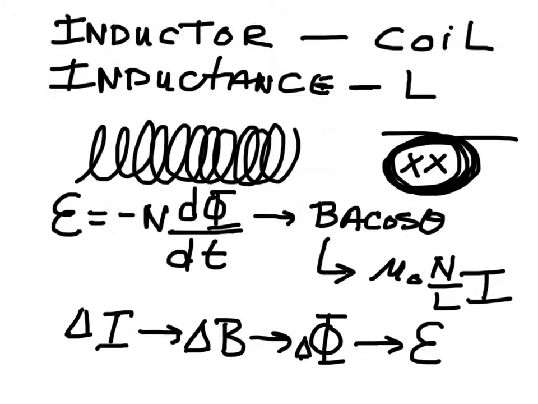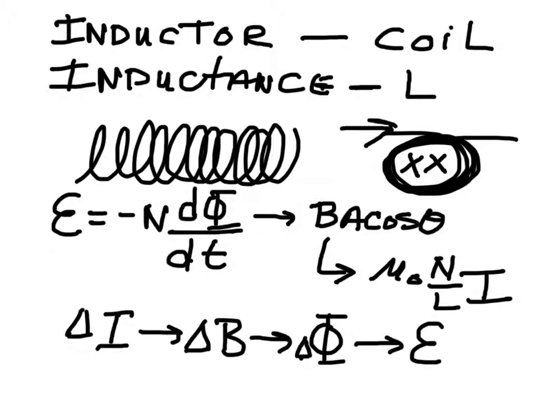And so given a current circulating through the coil in a clockwise direction and an increasing flux, more and more X's appearing, use Lenz's law to decide which way the induced EMF is going to be and which way it would tend to drive current. So pause the video and do that before I tell you.